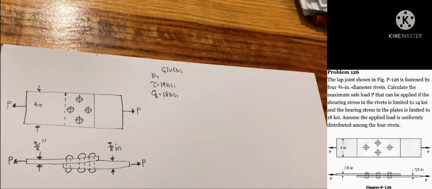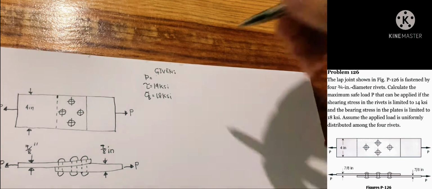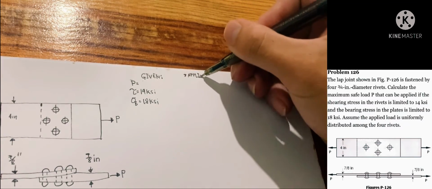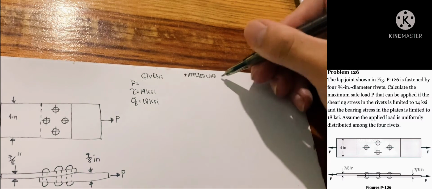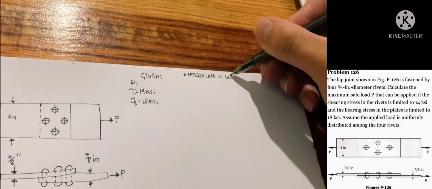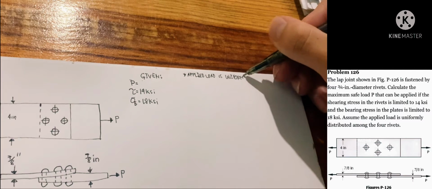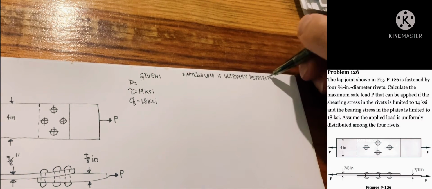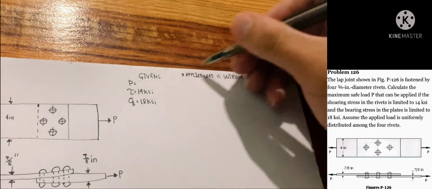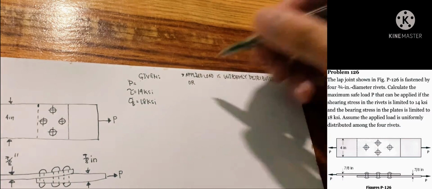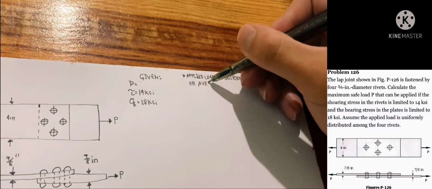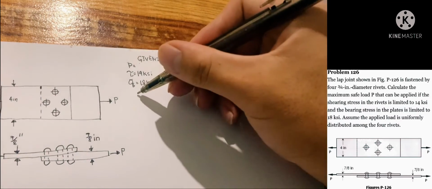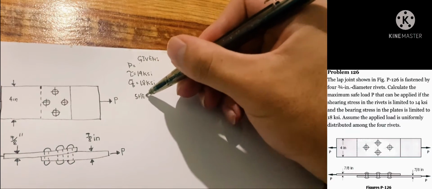So the applied load is said to be uniformly distributed among the 4 rivets. That means we will always use our 4 rivets, because that is what we are going to use. It is not the maximum or minimum but the average. That simplifies it.